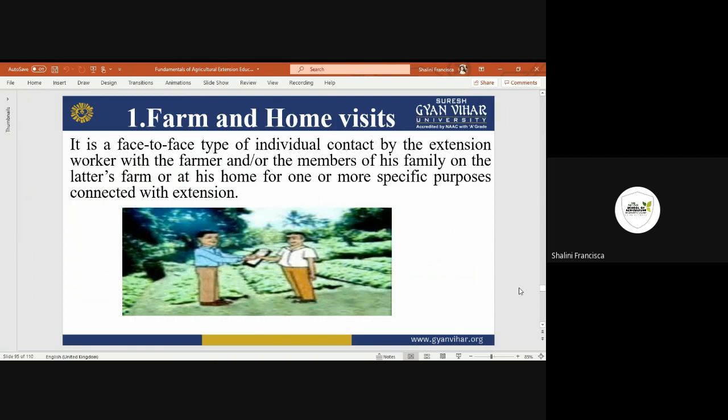The first form is the farm and house visit. As the name signifies, the agriculture extension worker or agent is visiting a farmer individually and trying to understand how things are going on.